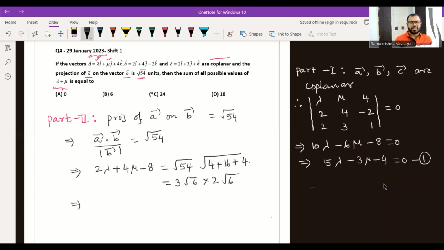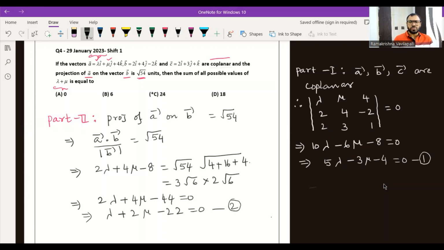We get that 2 lambda plus 4 mu, this is 36, so you will get minus 44 equal to 0. Dividing by 2, you will get lambda plus 2 mu minus 22 equal to 0. So this is the second equation.